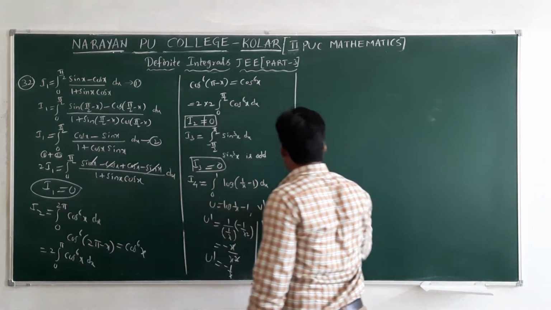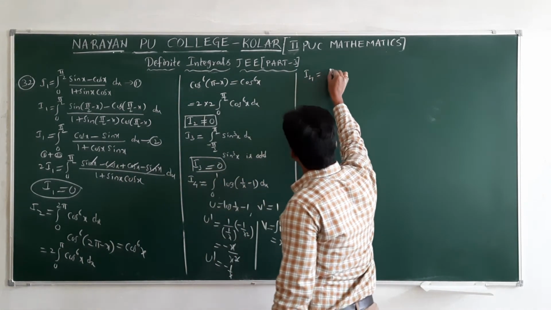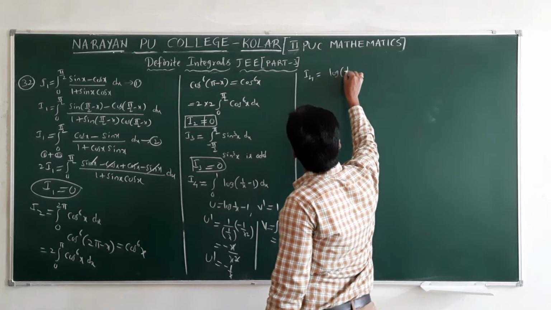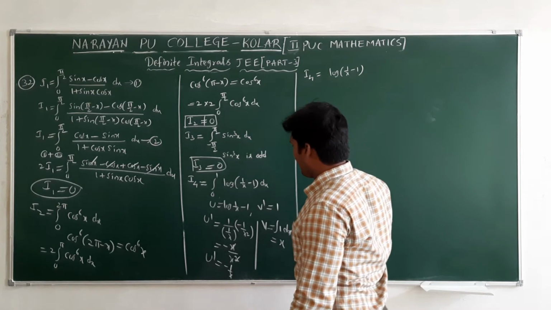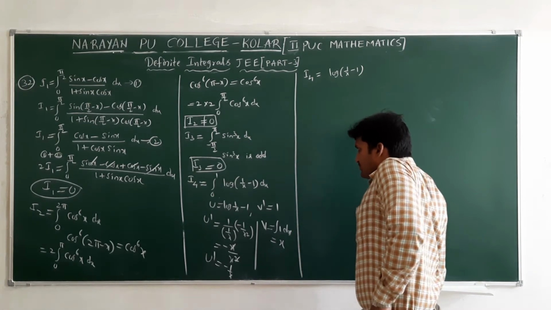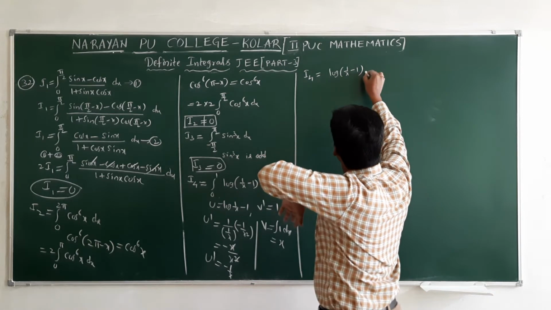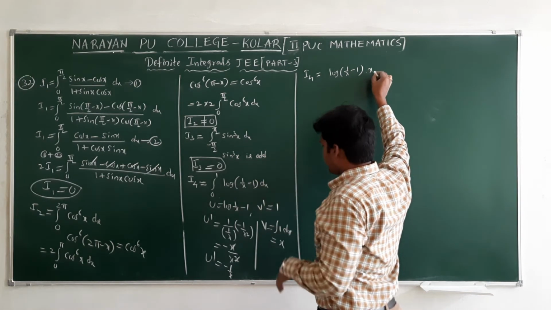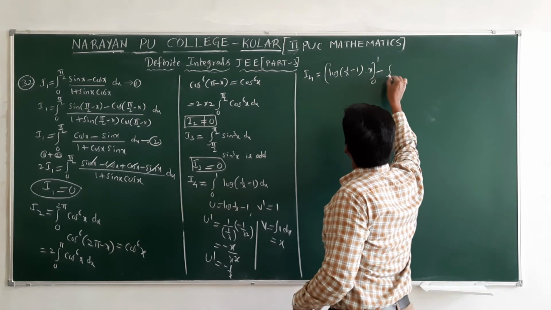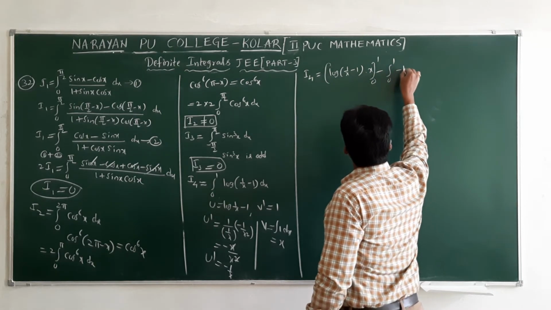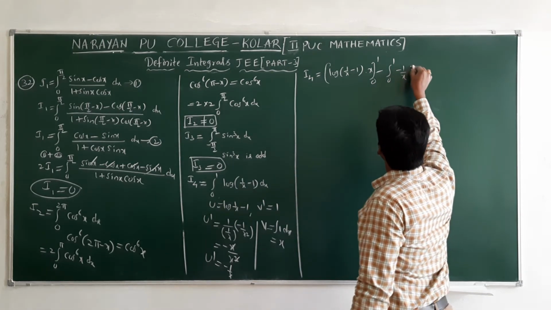Apply the uv formula: I4 equals u into v, where u is log(1/x − 1), into v which is x, with limits from 0 to 1, minus the integral from 0 to 1 of u', which is −1/x, into x dx.